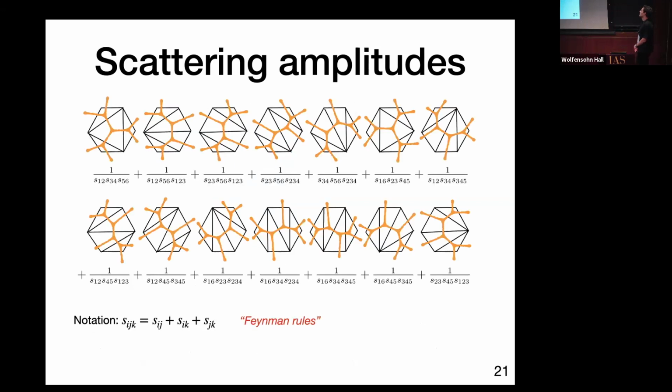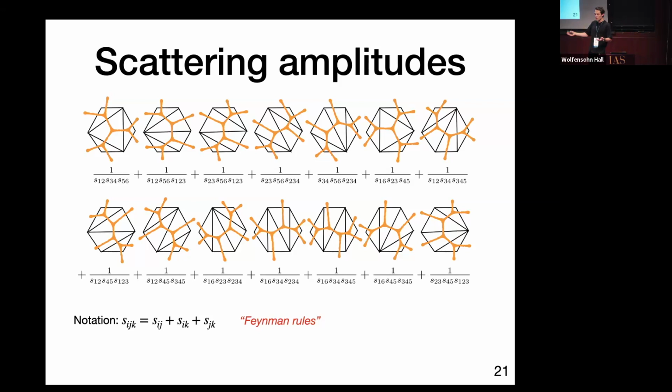Going to 6 particles instead of 5 particles, you'll be considering triangulations of the hexagon. The amplitude turns out to be a sum over 14 things. These are the 14 triangulations of the hexagon. These are dual to the planar trivalent trees with 6 labeled leaves.